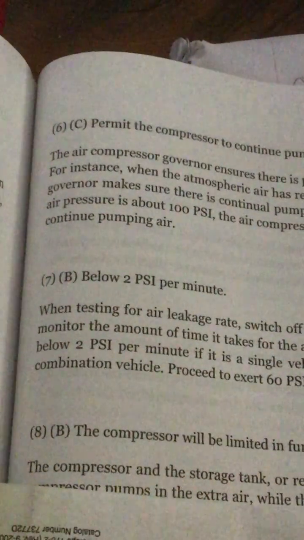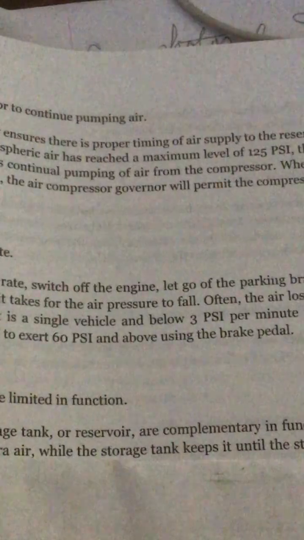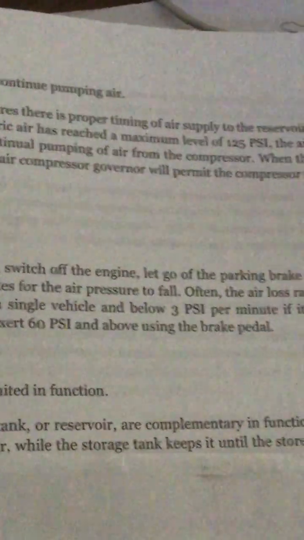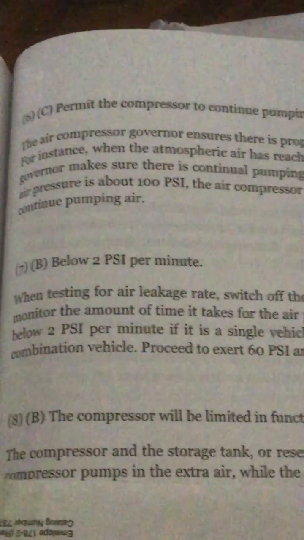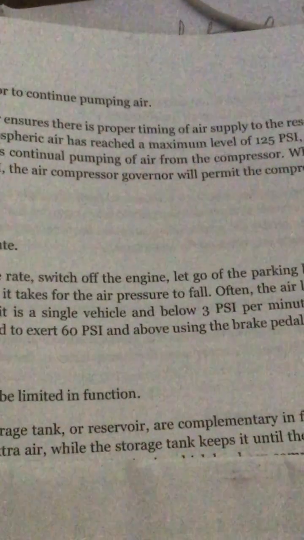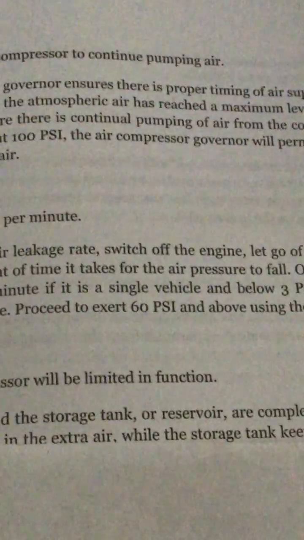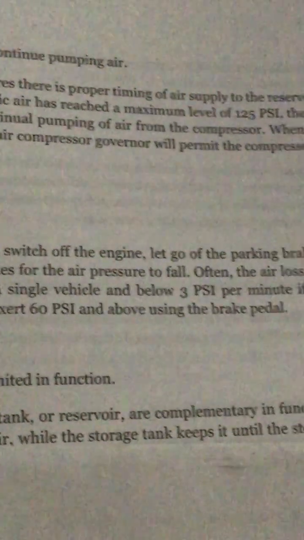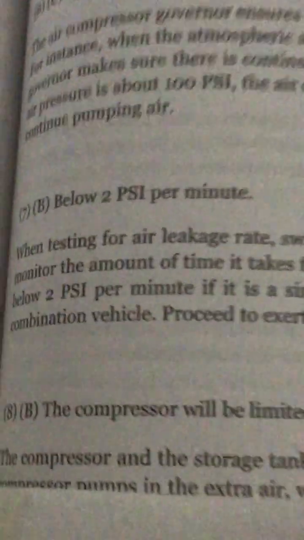For instance, when the atmospheric air has reached a maximum level of 125 psi, the air governor makes sure there is continual pumping of air from the compressor. When the air pressure is about 100 psi, the air compressor governor will permit the compressor to continue pumping air.